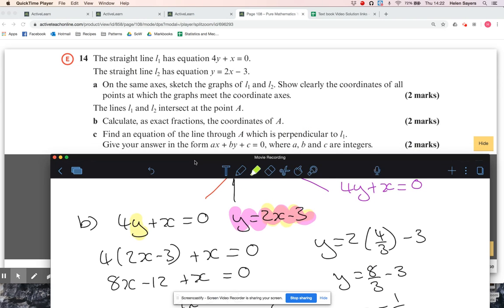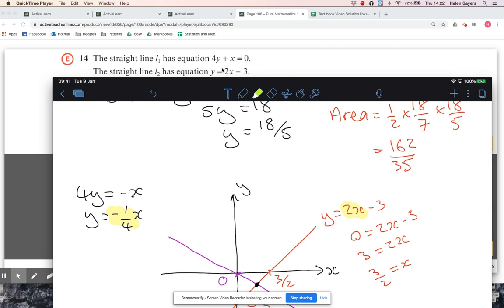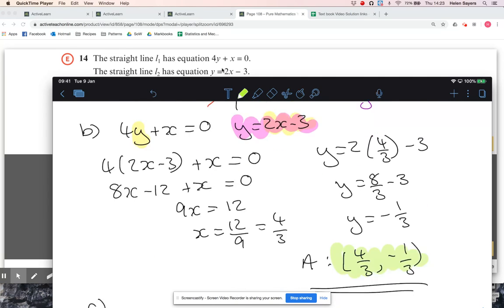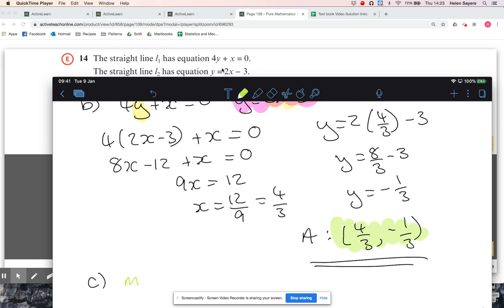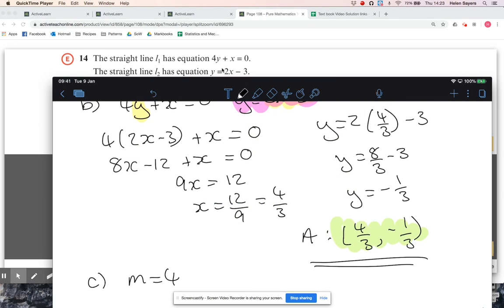It's perpendicular to line 1. So there's line 1. Well, we'd already looked at the gradient of line 1 here. So if it's perpendicular to a gradient of -1/4, it's going to have a gradient of 4. Okay, so that's perpendicular to a gradient of -1/4, which is the gradient of line 1.